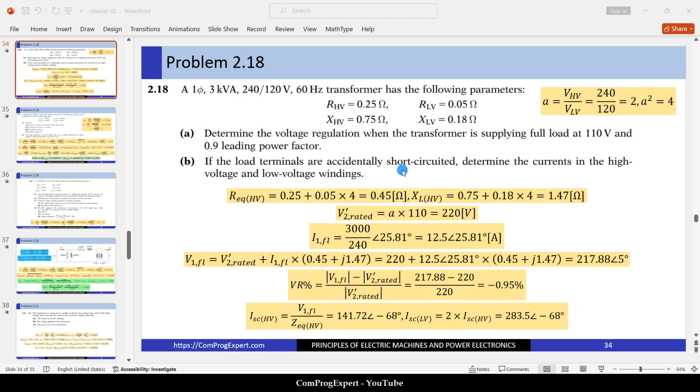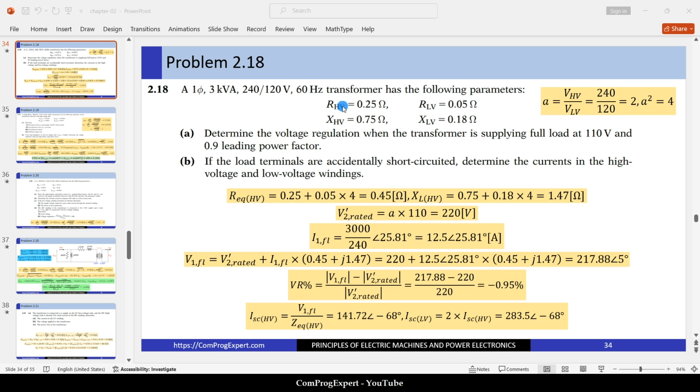Let's continue solving the problems of chapter 2 by solving problem 18. A single phase 3 kVA 240 to 120 volts 60 Hz transformer has the following parameters.